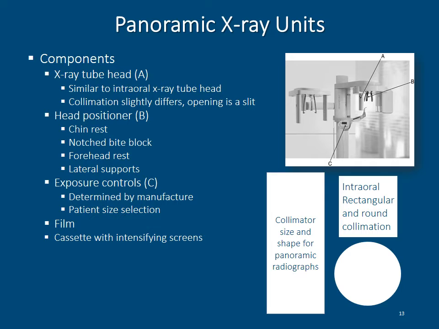The film is placed into a cassette, and these cassettes also contain intensifying screens. These intensifying screens are slightly different in that they are what exposes the film in the cassette as opposed to direct X-ray radiation interacting with the film itself.